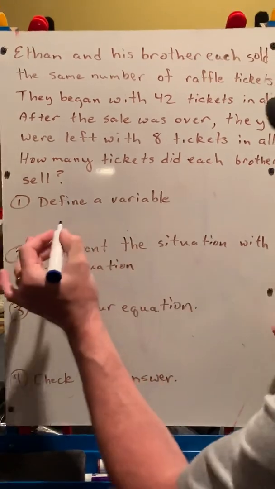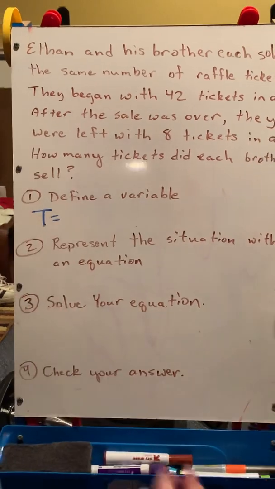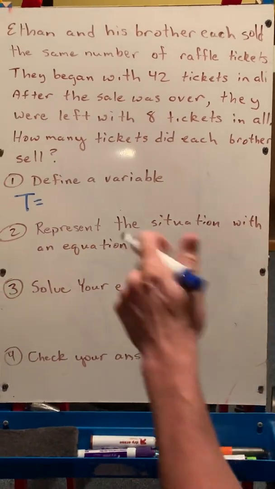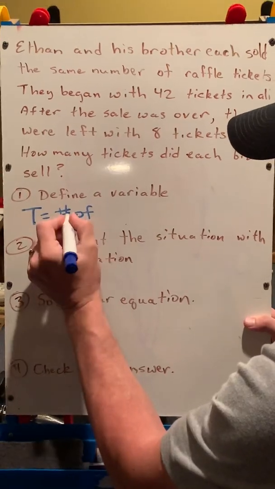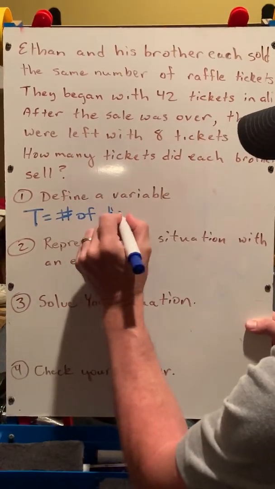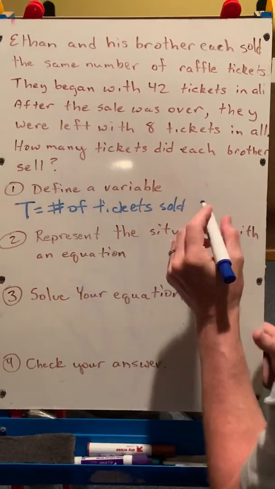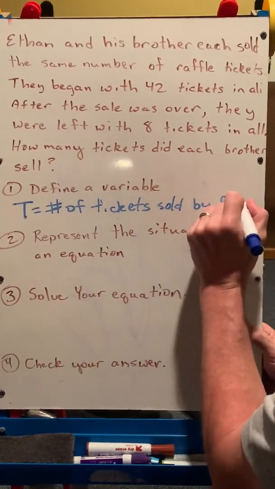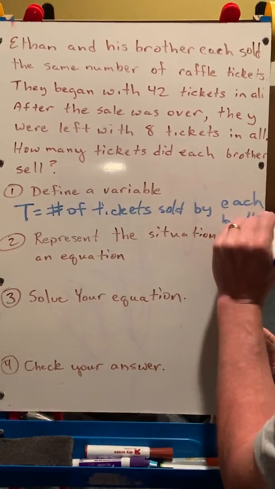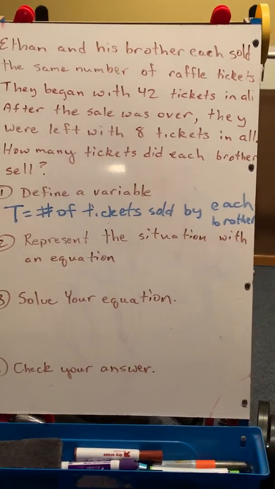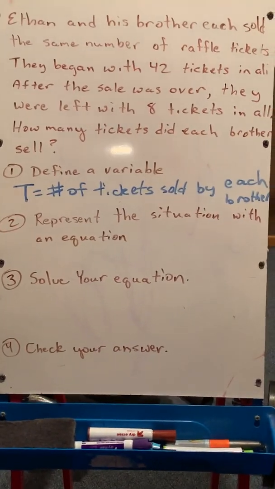And so I will just define this by saying T equals the number of raffle tickets, and we'll just put tickets here, the number of tickets sold by each brother. Running out of room here. Okay, so that's what we know we need to find, the number of tickets sold by each brother.